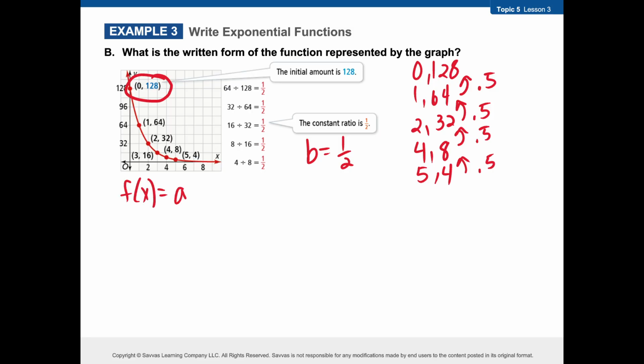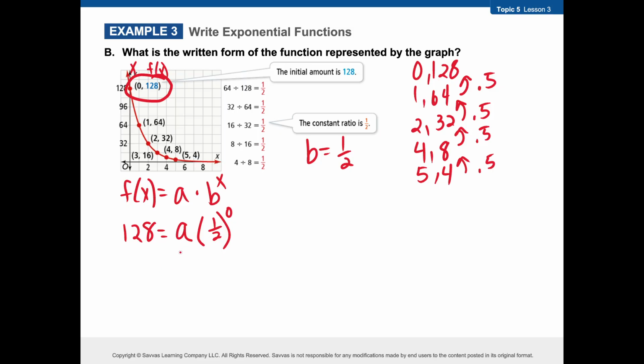So again, using my exponential function, 0 is my x, 128 is my f of x. So f of x is 128, trying to find A. B is my 1/2, my 1/2 to the x power, which is 0.